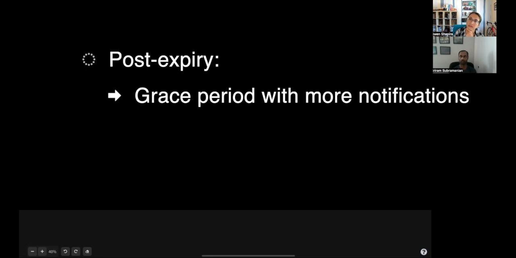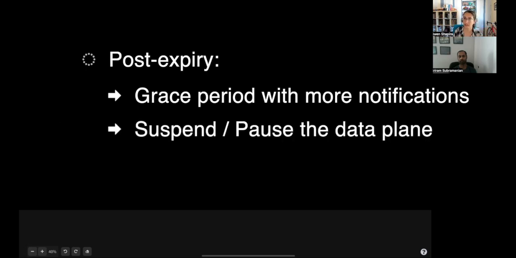Now, the timing is something we have to discuss. Is it 1 month? Is it 2 months? How much grace time would we have to give? We'll have to have a good customer experience. And when you say suspend, you basically mean remove the compute, but keep all the configuration and every single bit of data that is stored.